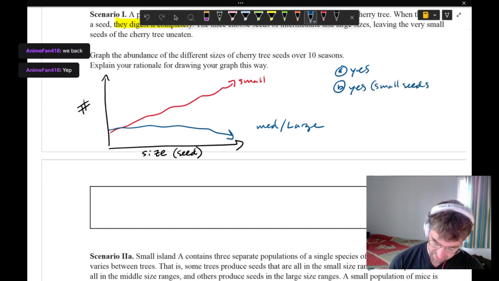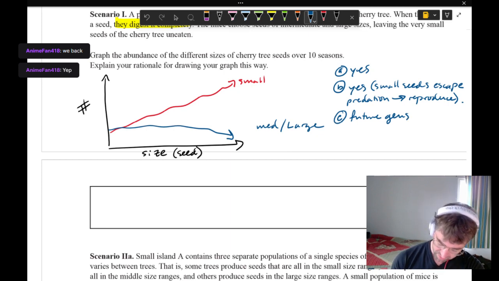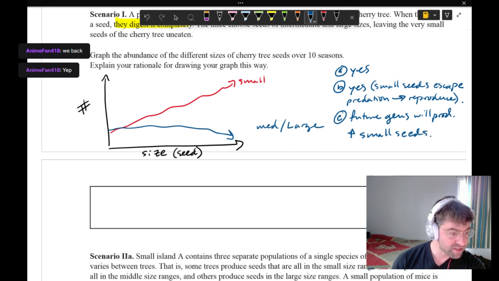Small seeds escape predation and reproduce. And C, future generations of these cherry trees will produce relatively more small seeds.